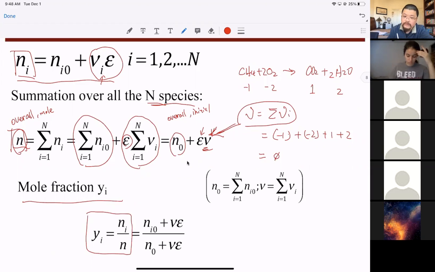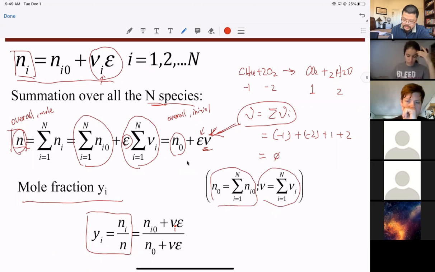There is a typo over there. This should be the nu i. And then for the denominator, we have N naught of the total plus nu of the total epsilon. These are the two equations you may want to take a look at to see whether they make sense or not.